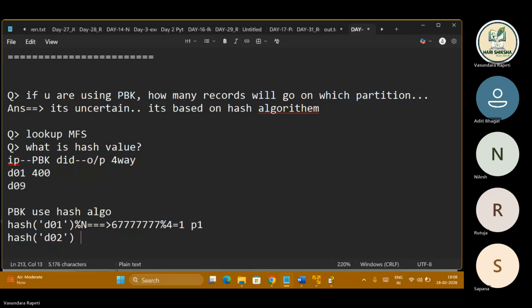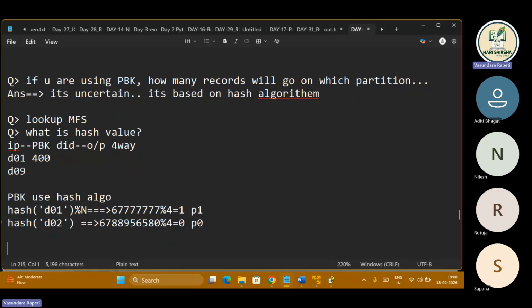So for this, it will be 0. All the values of D02, suppose you have 200 records of D02, will go there. Similarly for D03, D04, like that it will calculate. It can also have the same value. Suppose D03's hash value is different, the hash values will not be the same.